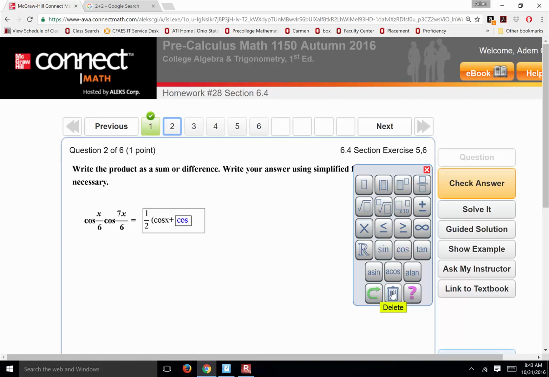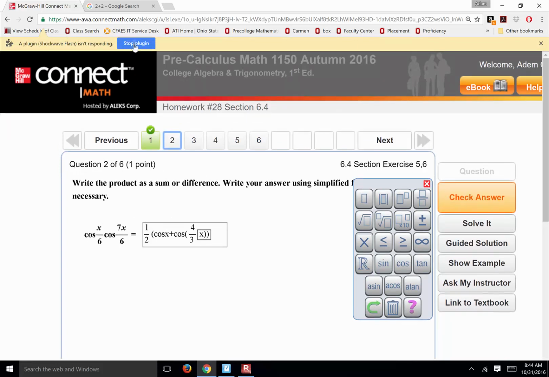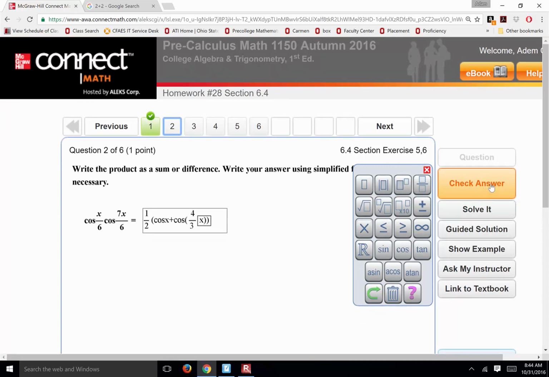Cosine 4/3 x, let's use this in parentheses, and one more parenthesis. Okay. No, I can't check. Let's try it.